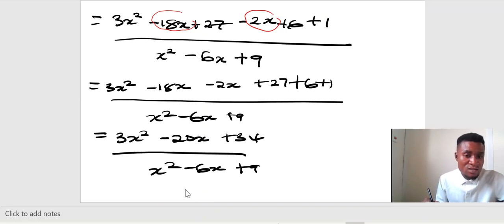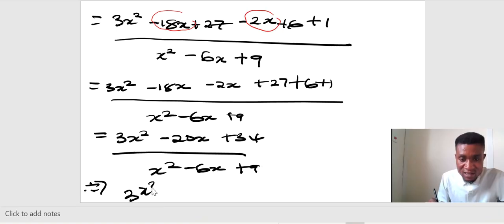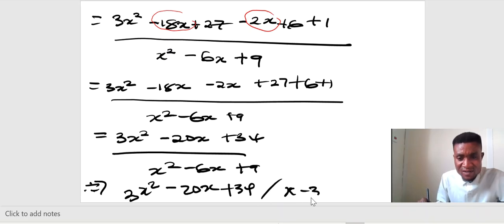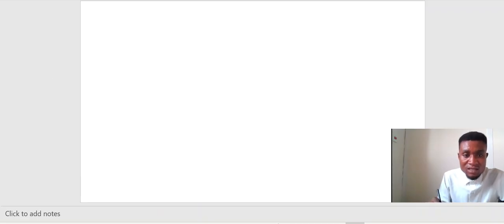All right, so we can actually return this back. Therefore, this implies that 3x squared minus 20x plus 34 can also be over (x minus 3) squared. Let me just write it here.